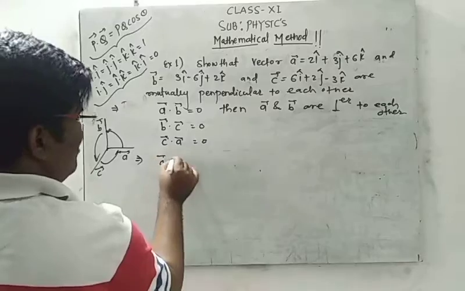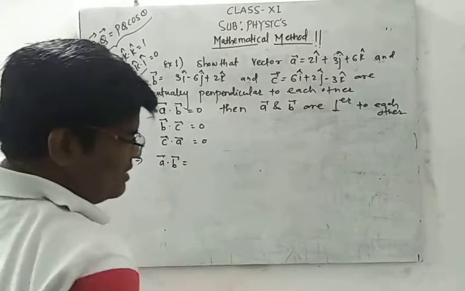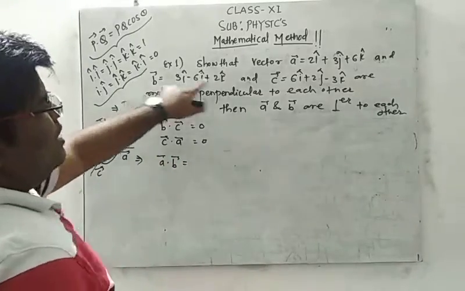So a bar dot b bar is equal to, so how to do?